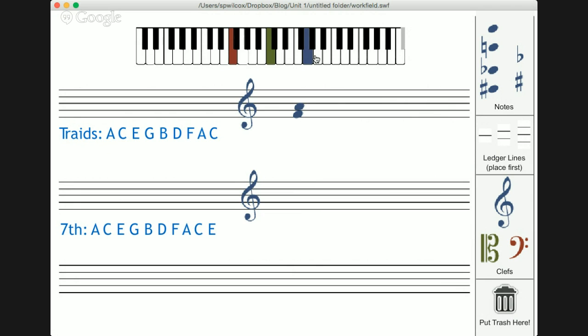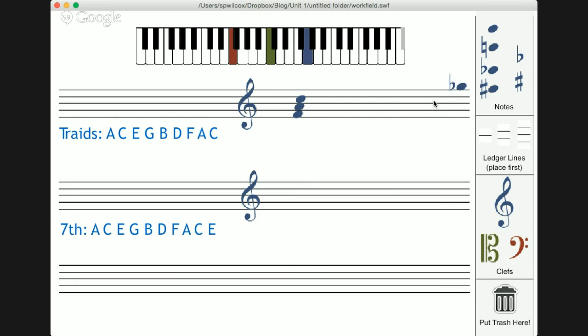So I know it's a major third, and I want a major third on the bottom, and then I want a minor third on top. So what is it between A and C? Well, there's 1, 2, 3 semitones. So this is our F major triad.